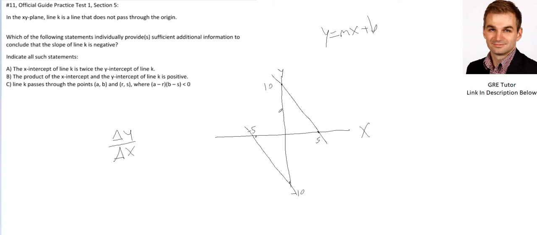Alright, now the only other situation for the x, so x can either be negative or positive, or it can be 0, but it can't be 0 because we've already said it doesn't go through the origin. So we've basically exhausted our potential examples of x. It can either be negative or positive, and in both of those scenarios, we see that the slope is negative for those lines. So A actually does work.